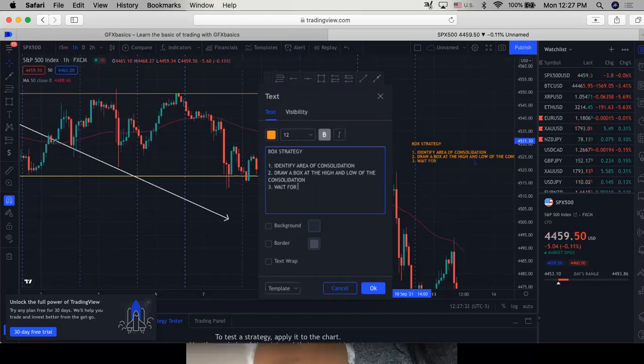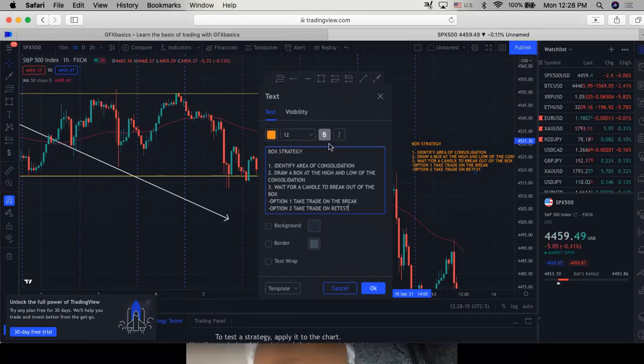Step three, wait for a candle to break out of the box. And then with that, you have option one: take the trade on the break. Or you have option two: take the trade on the retest.